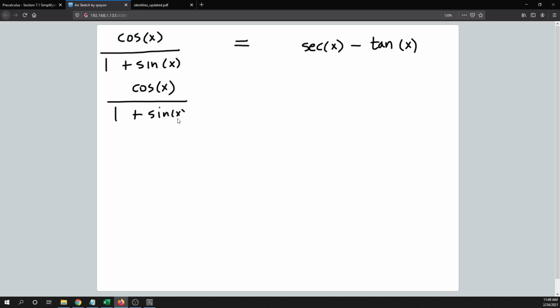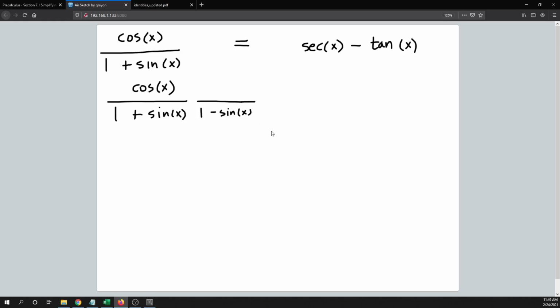So I'm just going to show you the trick right here in order to do that. What you want to do is multiply by 1, since this is 1 plus sine x, you want to multiply that by 1 minus sine x, okay? So with the opposite sign here. If it were 1 minus sine x, you would multiply by 1 plus sine x.